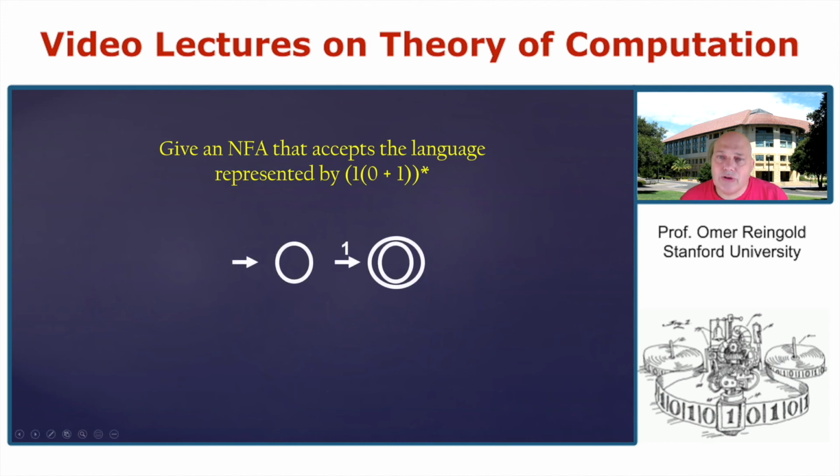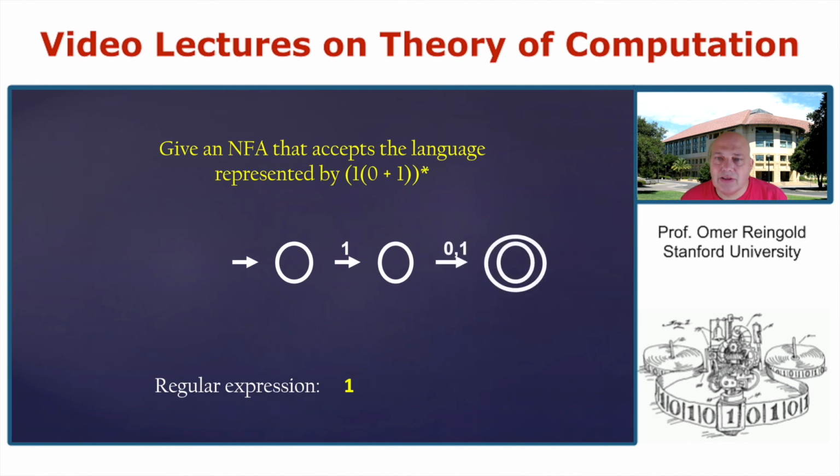So we start by having this NFA for 1, the first regular expression we have. We concatenate it with an NFA that accepts either 0 or 1. So by now the regular expression is 1 times 0 plus 1.